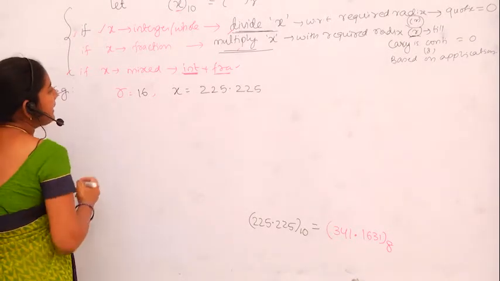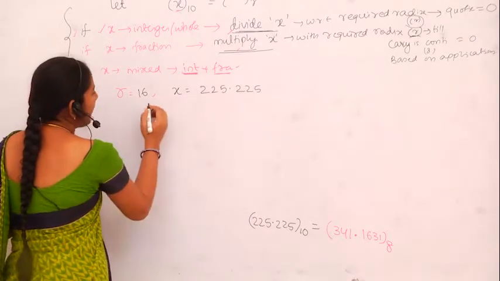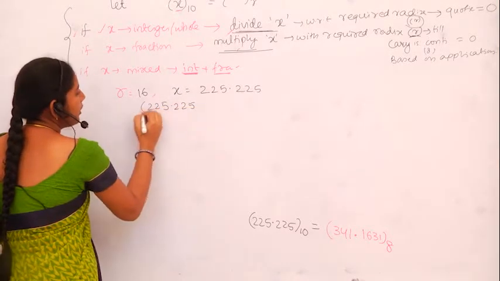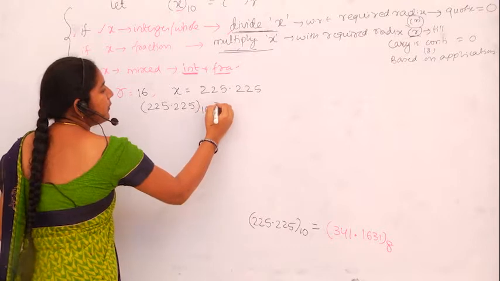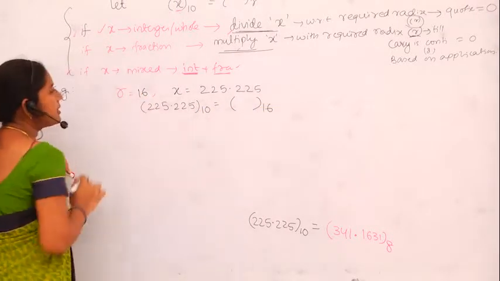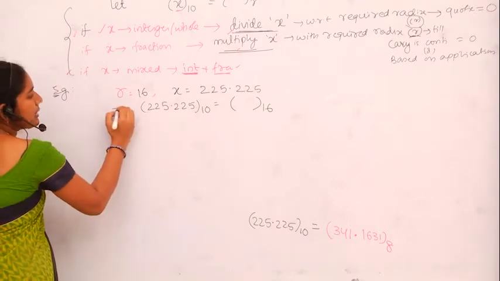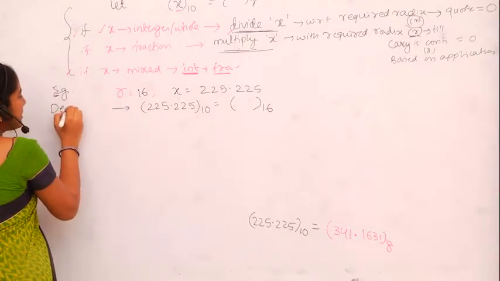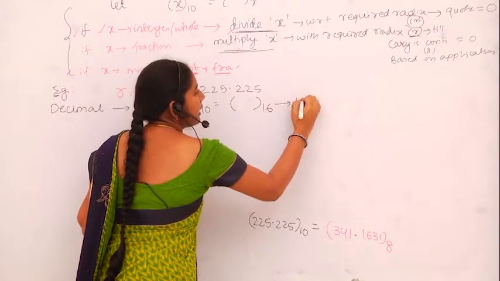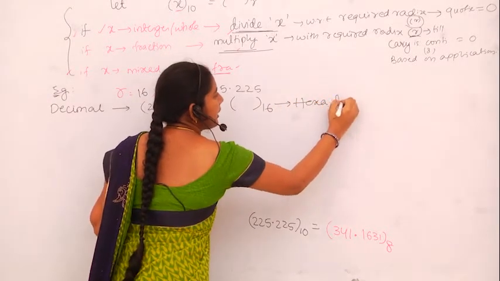So now I can write this value. Now x is 225.225 of decimal. We need to convert into hexadecimal because here the radix is 16. So this conversion I can say is decimal to hexadecimal conversion.